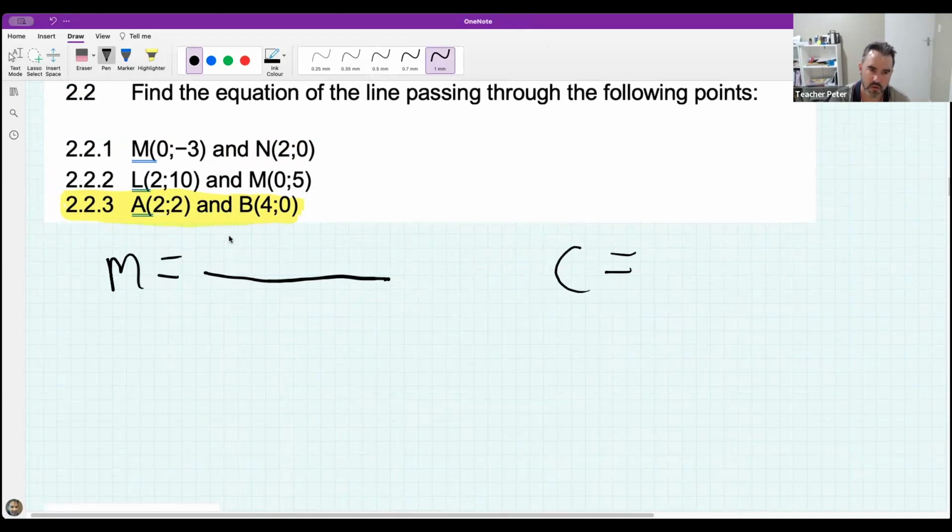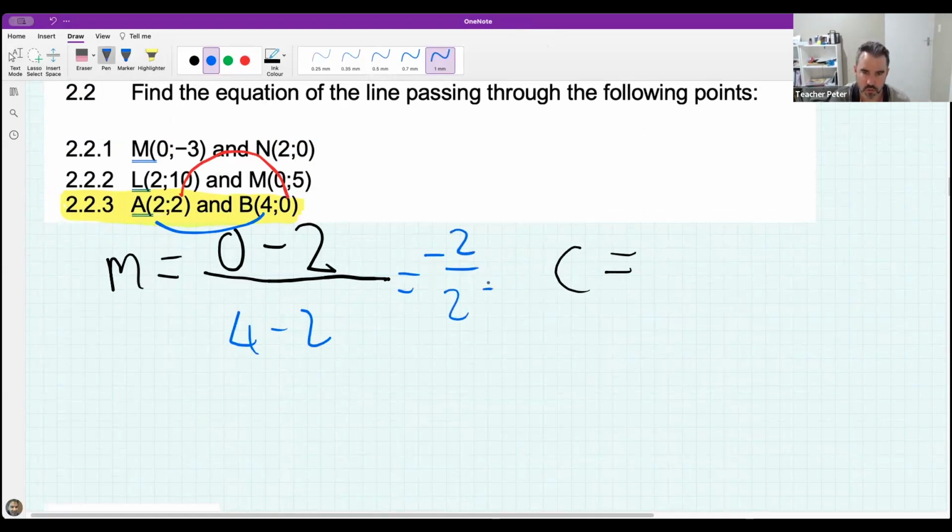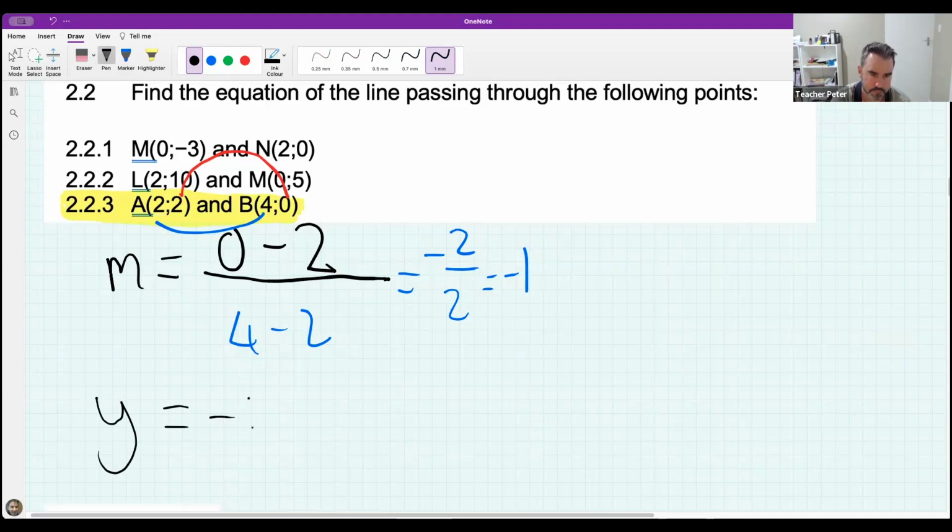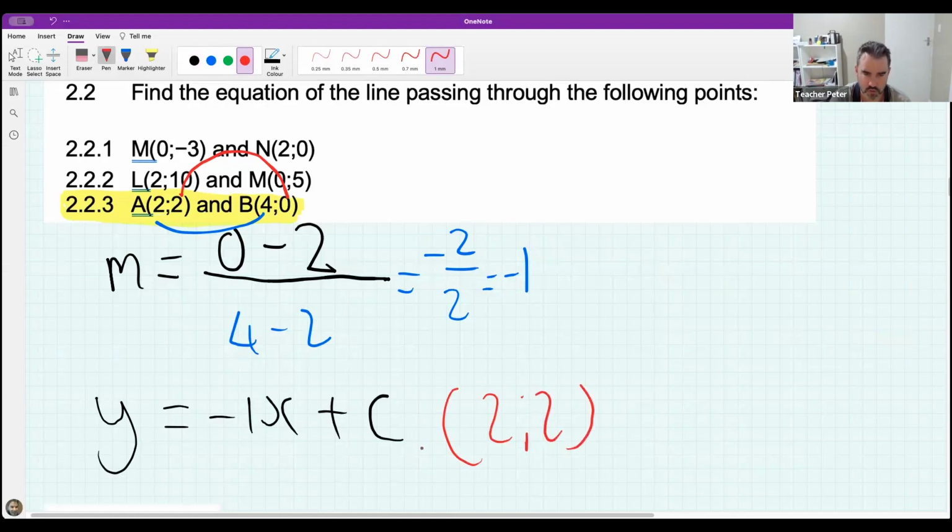So 0 minus 2, and sometimes it can be a good idea to even draw little things to link, and then 4 minus 2. So we get minus 2 over 2, which is minus 1. So my gradient is minus 1. And then to find c, I'm going to use the point (2, 2) to help me out.